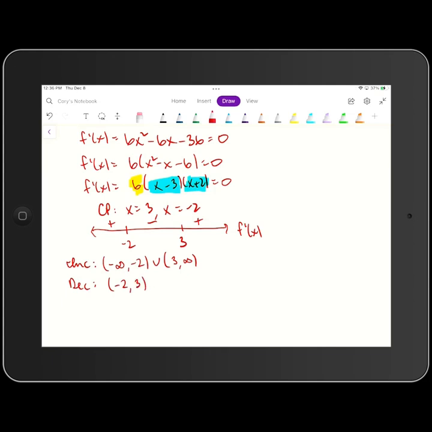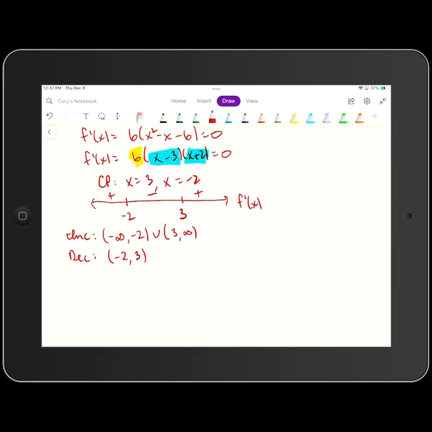And at the endpoints of our intervals, we have to use parentheses at those values because f prime of negative 2 is 0, f prime of 3 is 0. So f prime is neither positive nor negative at those critical points. Okay, so we can't include those in our interval.